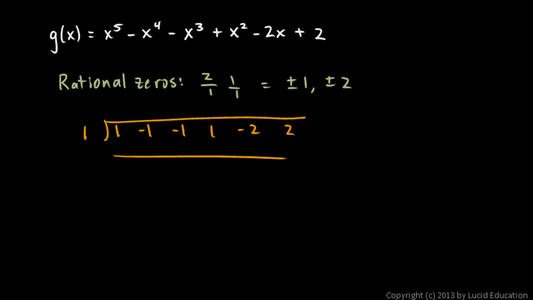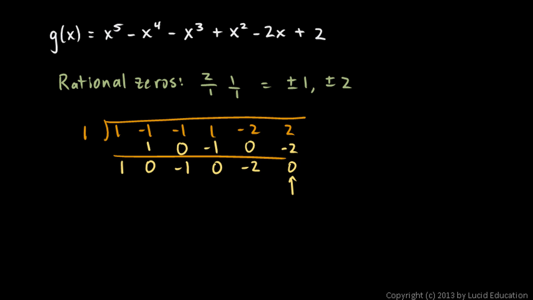Bring down the 1. 1 times 1 is 1, and we add those and get 0. 0 times 1 is 0, we add those, we get negative 1. Negative 1 times 1 is negative 1, we add those and get 0. Then 0 times 1 is 0, we add those, we get negative 2. Hey, look at this. Negative 2 times 1 is negative 2, we add those, we get 0.